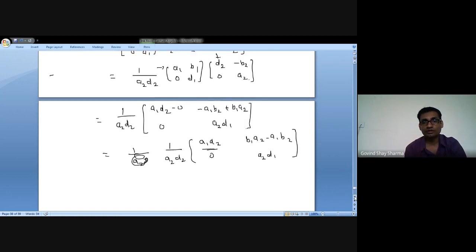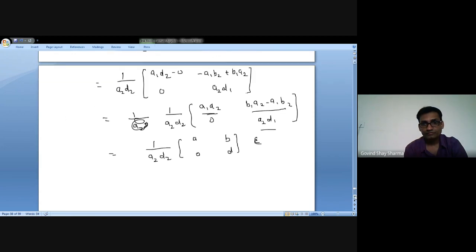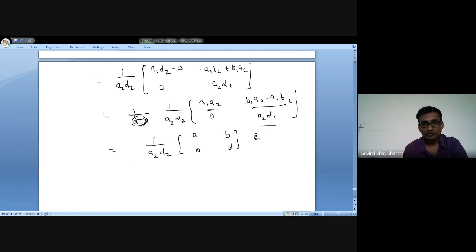This is always real. We take 1 upon a2 d2 inside and can write it as a b 0 d, where each entry is divided by a2 d2.